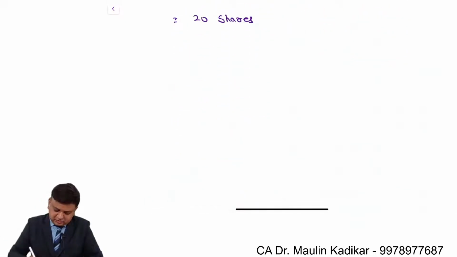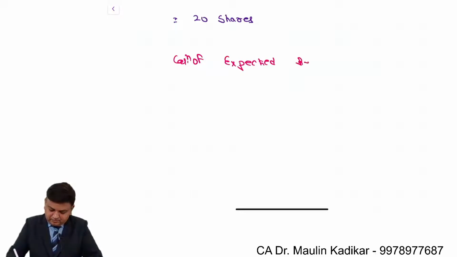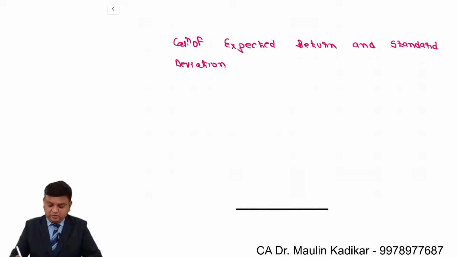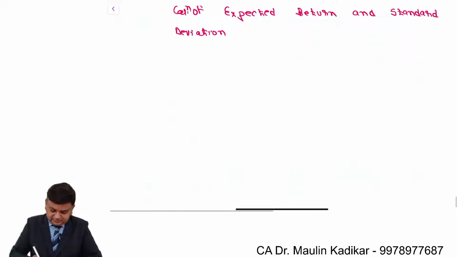Now calculation of expected return and standard deviation. Let us see how to make the computation of the same. Column number 1 is probability.